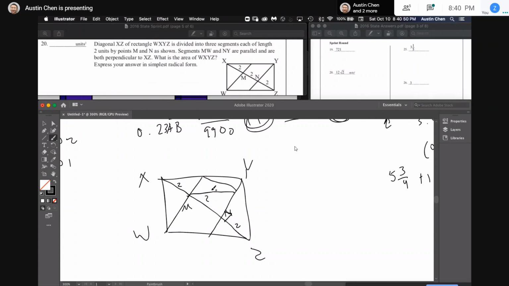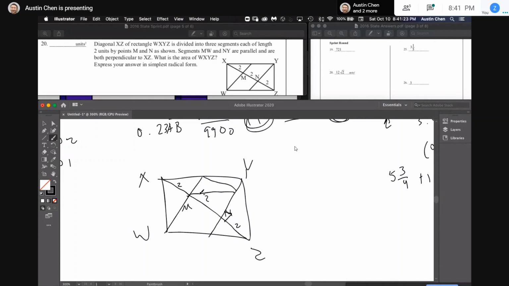So would these two triangles be congruent? Yes, they would, because they share a side length and they share angle measures. Which angle measures? Well, you're drawing that line parallel, right? And drawing that line as a bisector.